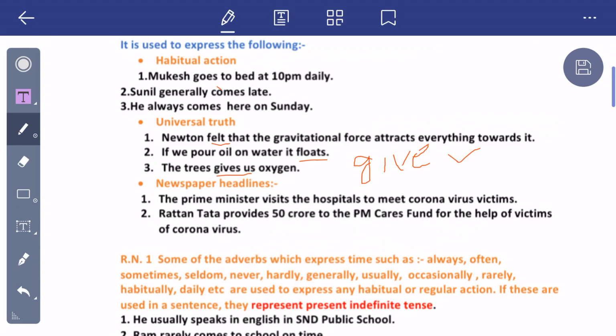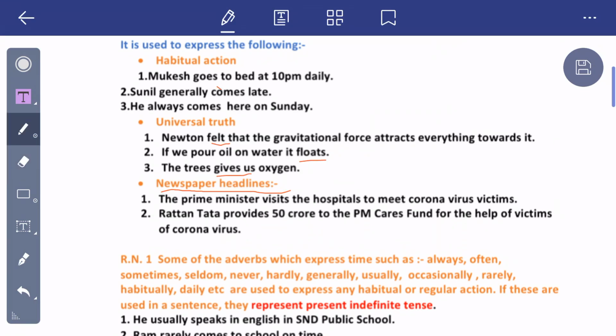Okay, now the next is newspaper headlines. Newspaper headline: The Prime Minister visits the hospital to meet coronavirus victims. It means whenever you look at any newspaper and its headlines, you will definitely notice one thing.